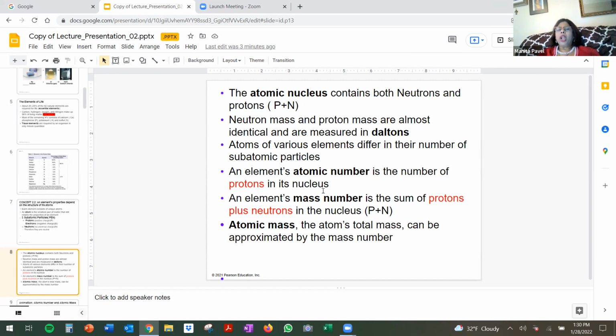So we always look at the mass number, and you'll have an approximation of the atomic mass. We'll go into the mass number and atomic number, and I'll teach you how to determine the mass number given the atomic number of an element.